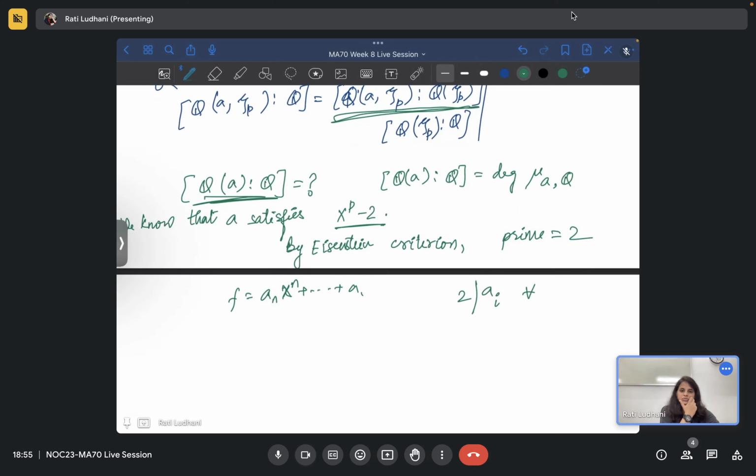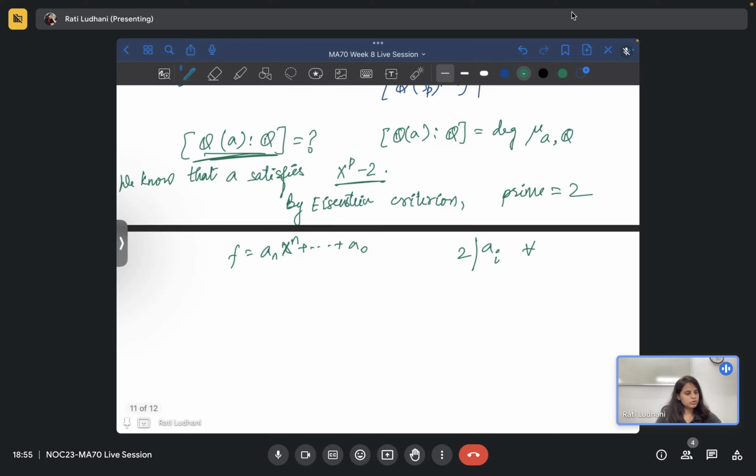So 2 should divide ai for all i from 1 to n minus 1.